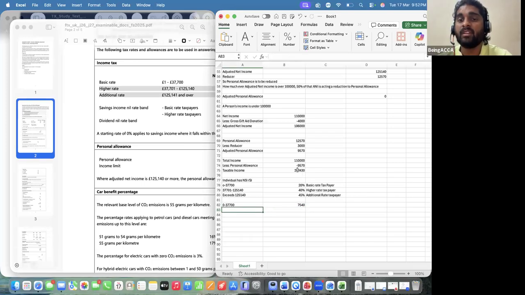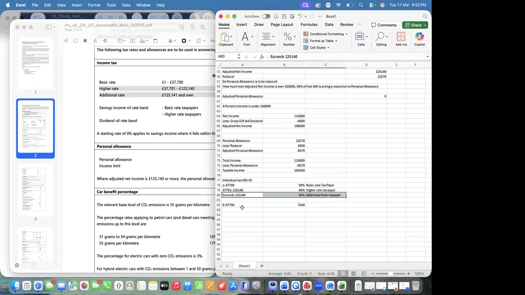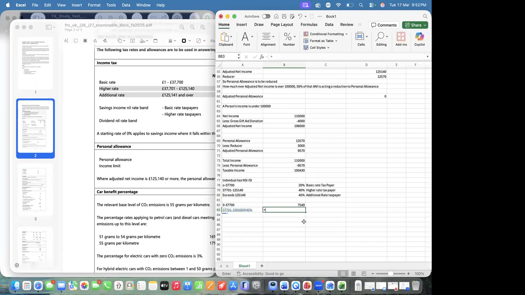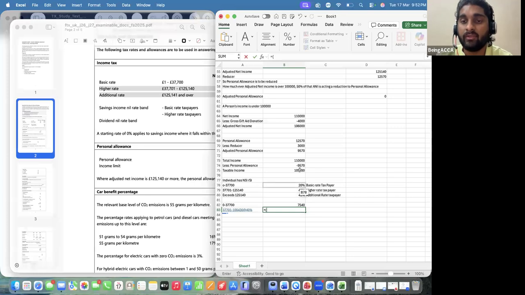Next, how much is the income? It's 100,430. So he's already only in this criteria and he's not going into the next one, correct? Yes, sir. So at that time, 37,701 to 100,430 should be taxed at 40%. Always remember this is how you can simply do it: 100,430 minus 37,700.